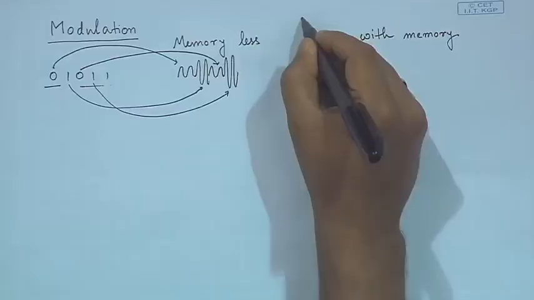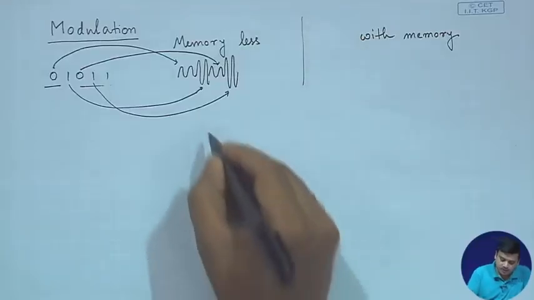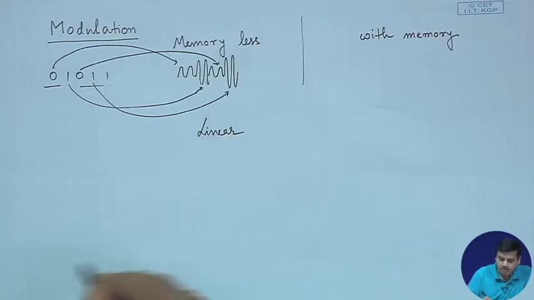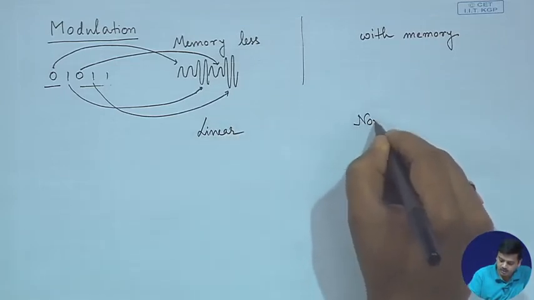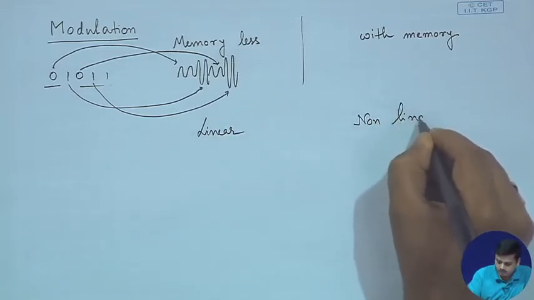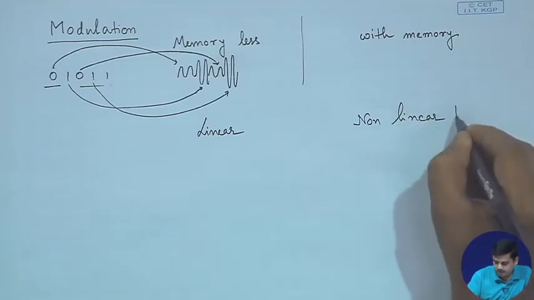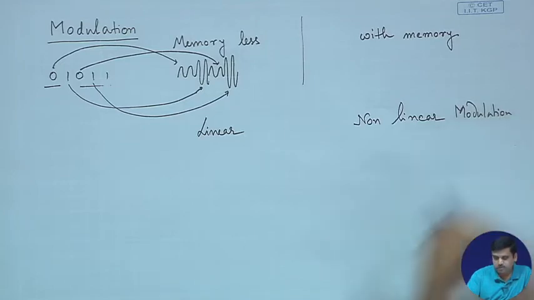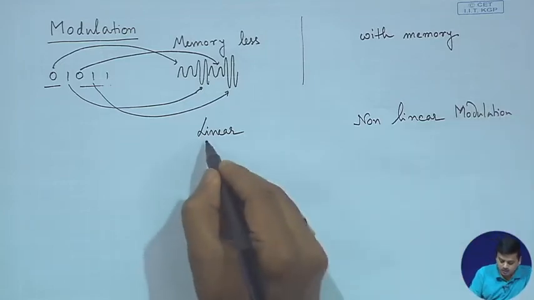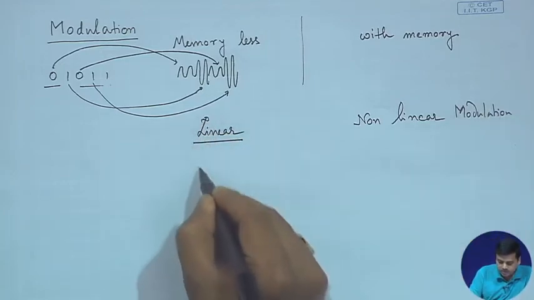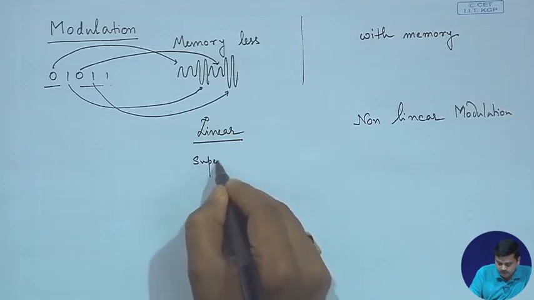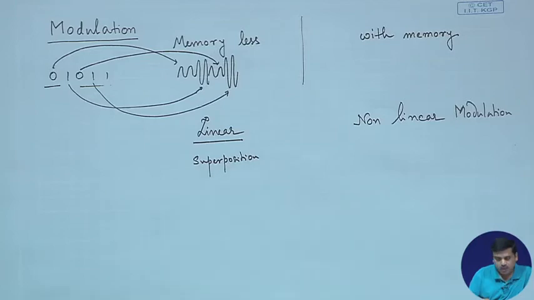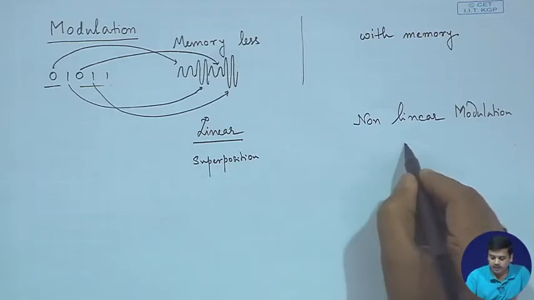So, that is a basic way of classification, and you could also classify further as linear modulations and, naturally, nonlinear modulation. So, when we say linear modulation, what we effectively mean is the principle of superposition holds, and here it does not hold.